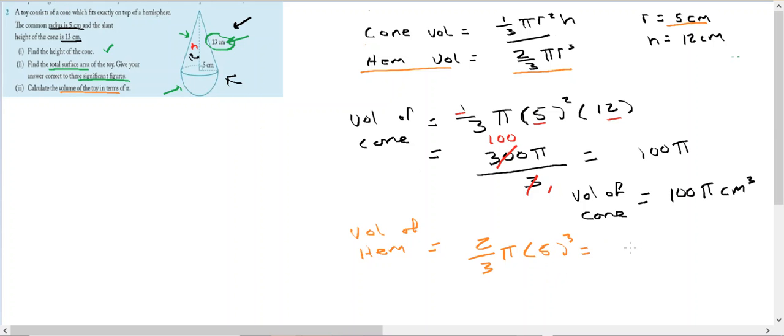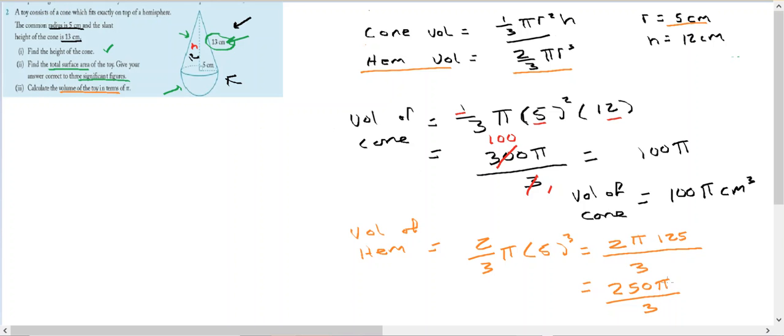So this is going to be equal to 2 over 3, so it's 2 times pi times 125. 2 multiplied by 125 will give you 250. So it's going to be equal to 250 pi over 3.